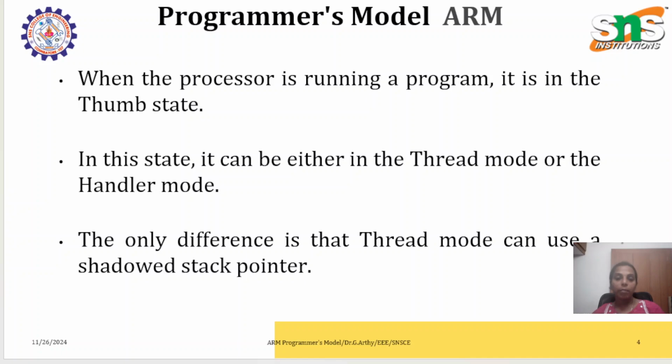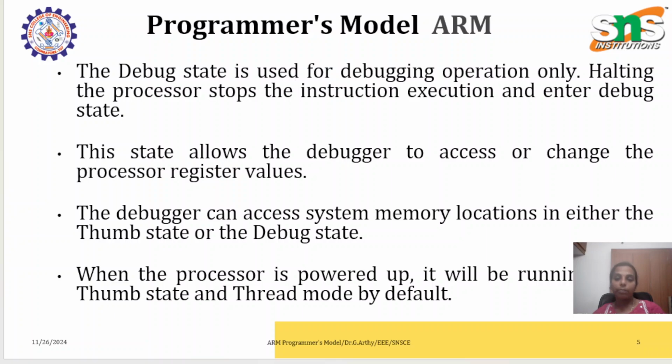In the thumb state, it can be either in the thread mode or the handler mode. The only difference is that thread mode can use a shadowed stack pointer, that is another stack pointer similar to this stack pointer. The debug state is used for debugging operations only.